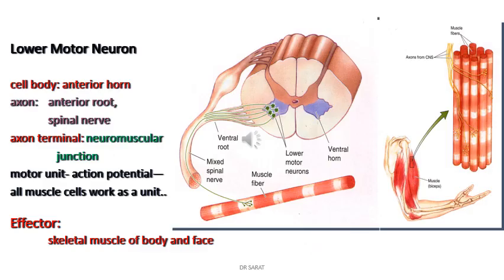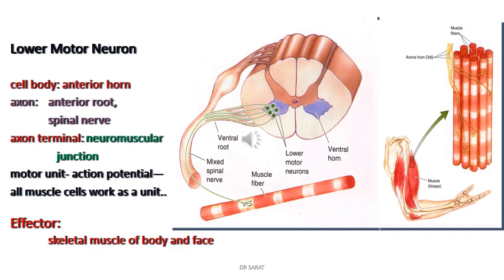Now the lower motor neuron unit and the cell body, it is the anterior horn. You can see the anterior horn cells in that purple color. That's the place where the anterior horn cells are originating, which is the cell body of the lower motor neuron.